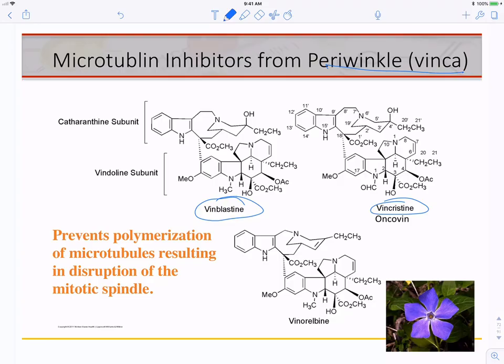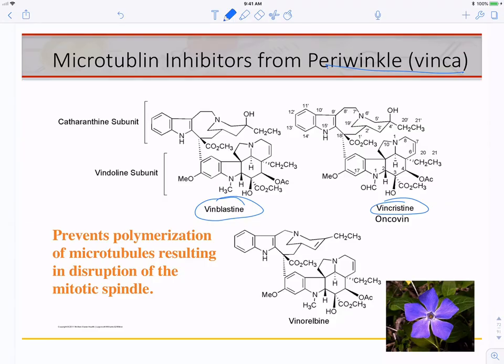They prevent polymerization of these microtubules, so they prevent cell division. And the mechanism is again by binding at the termini of the tubule and interfering with the self-assembly. So they're very potent agents, and they're extensively used in several kinds of therapy.